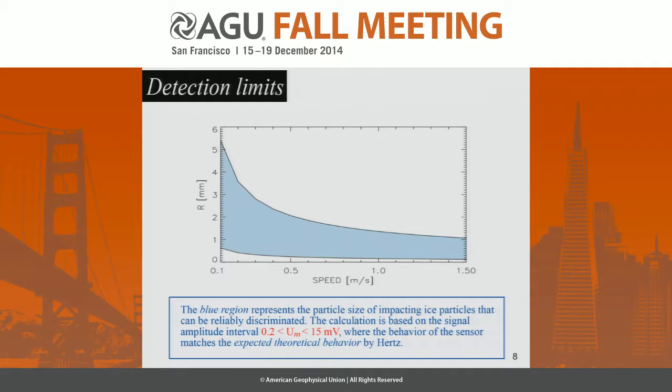So this is basically what we have, considering a range of more or less stable signals. It doesn't mean that we cannot go beyond 1.5 meters per second or below 0.1 meters per second. Of course, at those ends we have a lot of noise, and it's difficult to tell what is a real signal and what is noise.